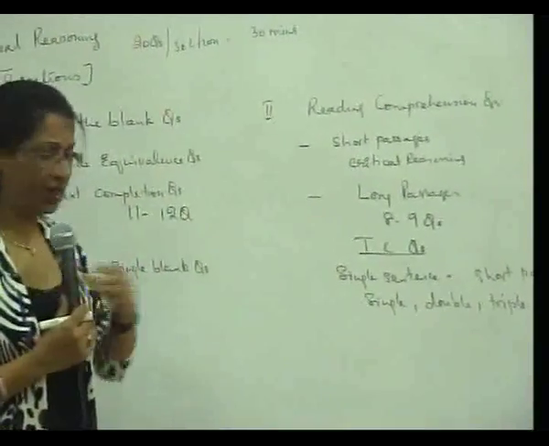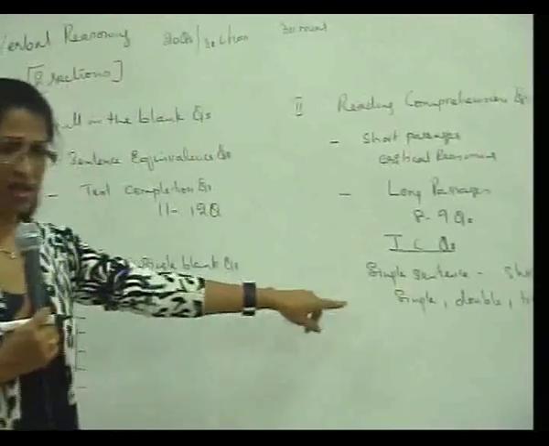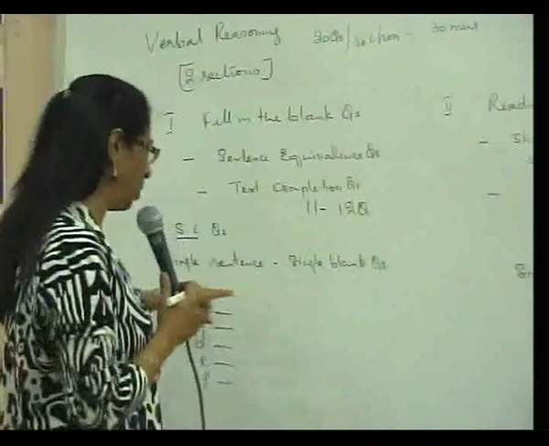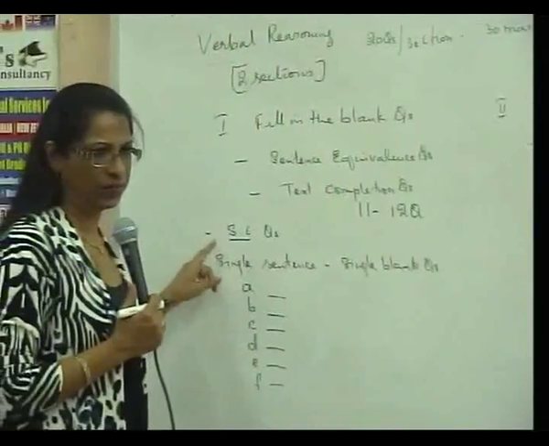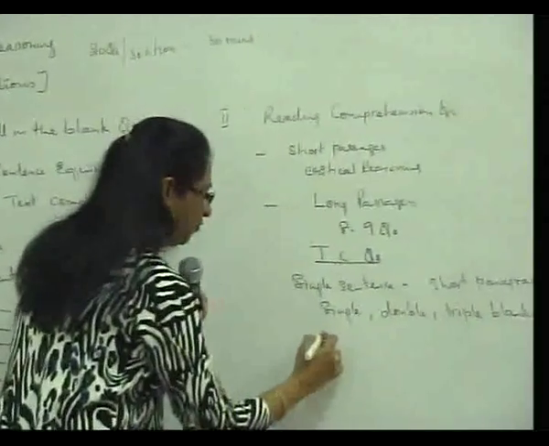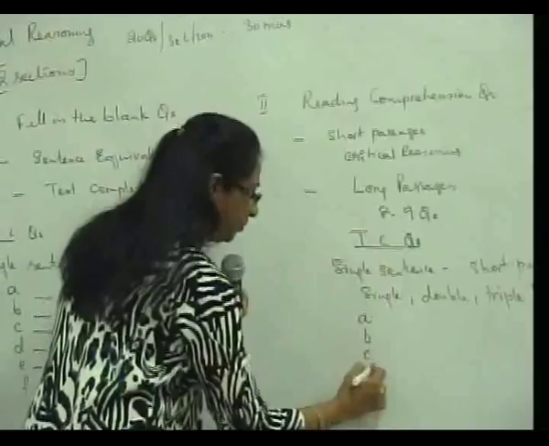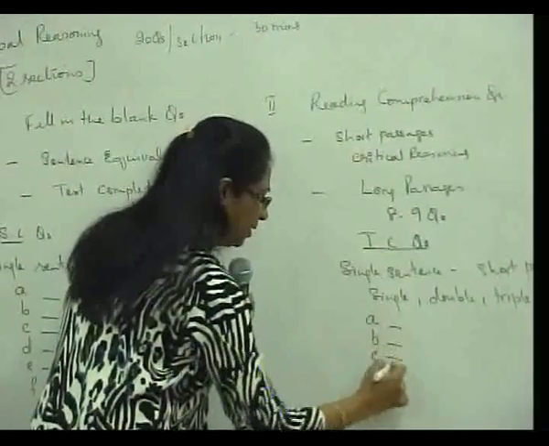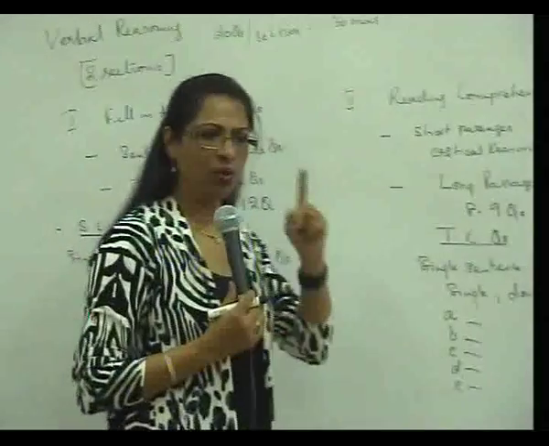So, if you were to get a single blank, how do I distinguish the single blank text completion question from a sentence equivalence question? Basically, for a single blank text completion question, you have only 5 options. And you need to select only one option.